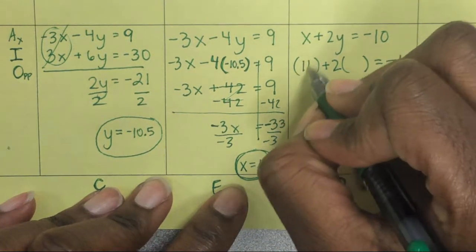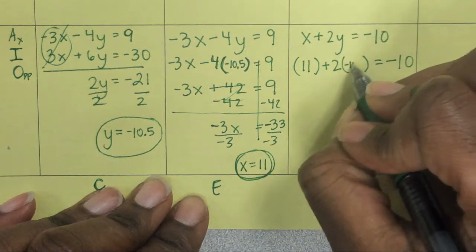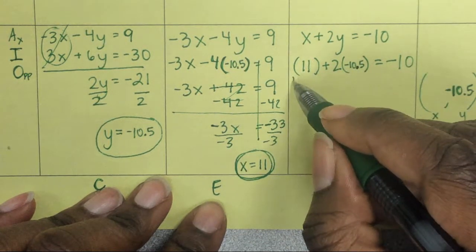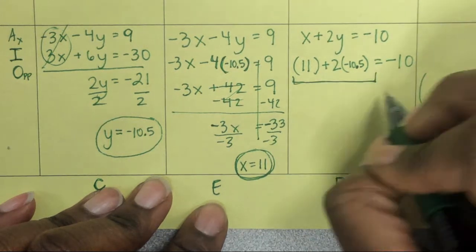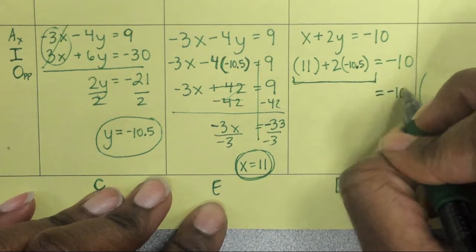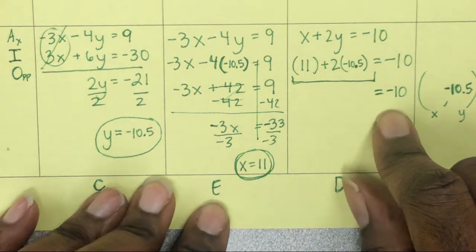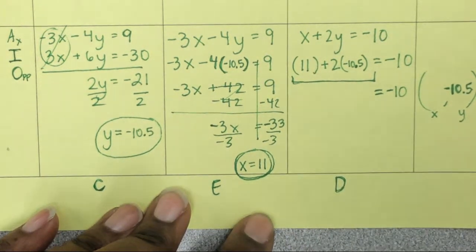Plugging in the X plus the, don't forget you got a plus and a 2 and then we're plugging in the Y. X is the 11. The Y is negative 10.5. So please do this math right here to see is it going to equal negative 10. Please use your calculator to see is that going to equal negative 10. If it's true, good. If it's false, no. If it's false, we did something wrong.